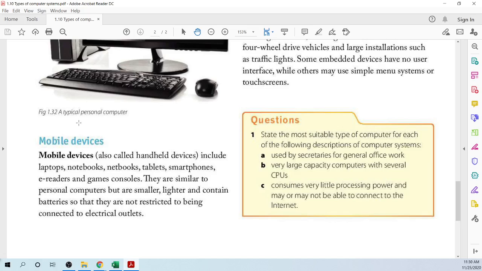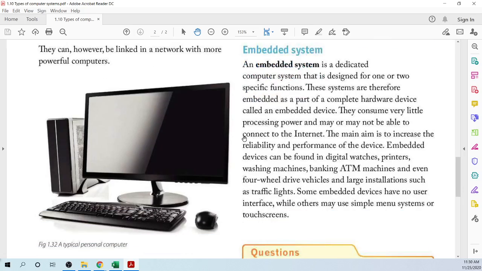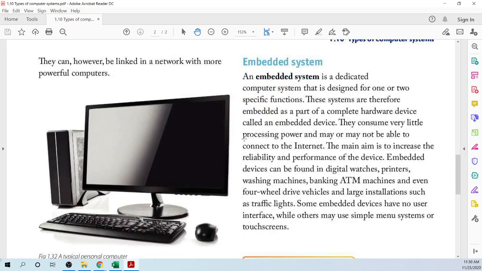And lastly, we looked at embedded systems, which have limited tasks, limited functions compared to the mainframe, the desktop, and the mobile devices, because it is only being designed for something specific, like controlling a traffic light or controlling your car so that you can see navigation and so on.